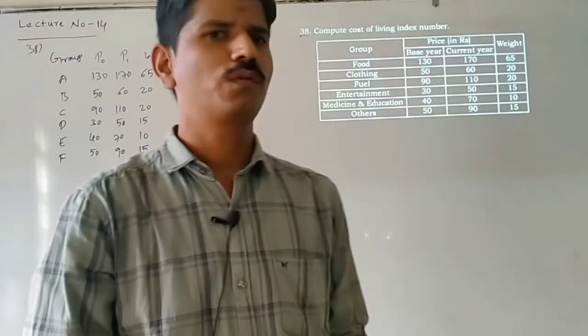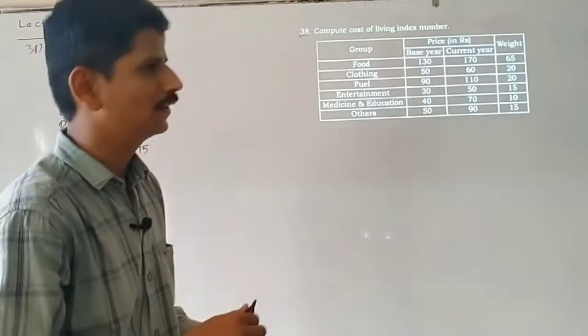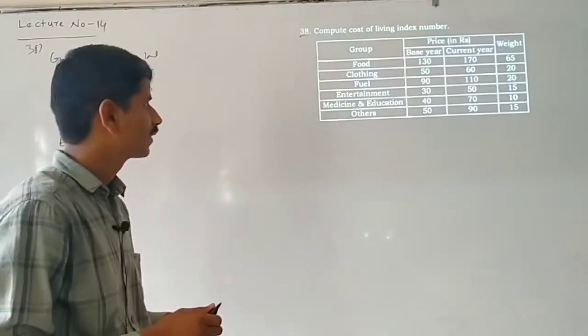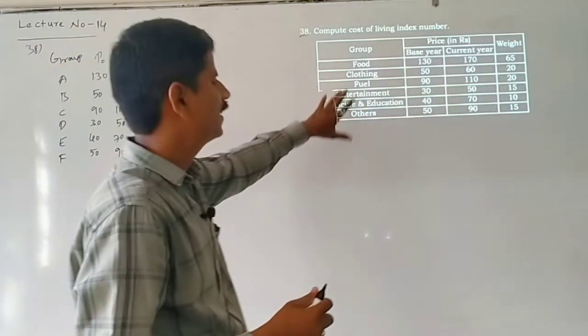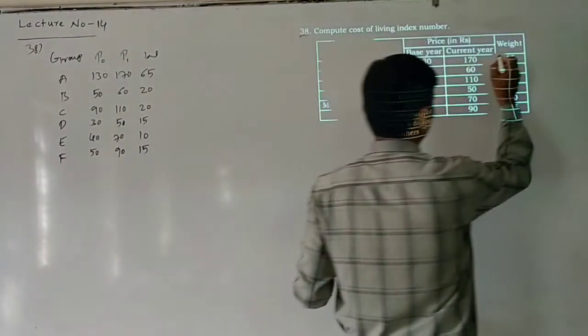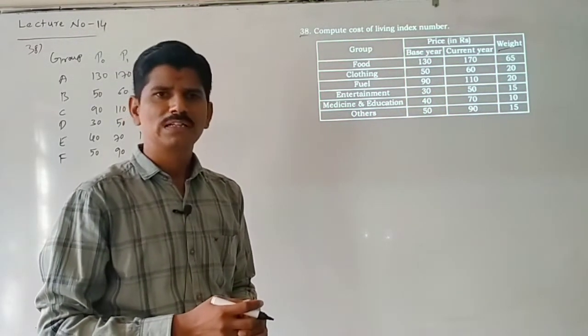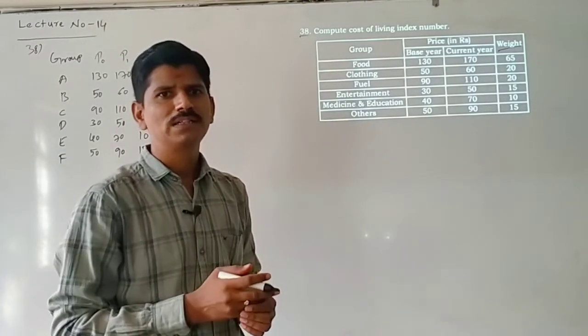Here we have to find the cost of living index number. They have not mentioned aggregate or family budget method. Here the formula mainly depends upon the availability of data. Since they are given weights, we have to use the family budget method.